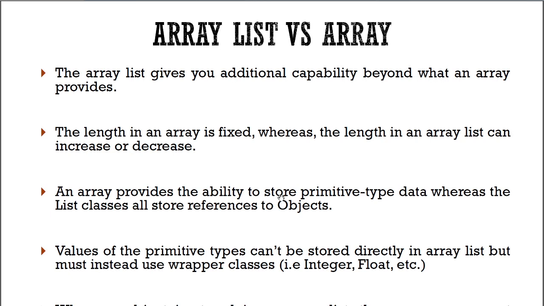Later when you implement, you cannot add an integer into the array list data structure. You have to cast, you have to convert. Cast is to convert the integer from the primitive type into an Integer object. There is an example for that, don't worry. Values of the primitive type can't be stored directly in an array list, but must instead use a wrapper. This is the wrapper casting. Later on, you can see the sample of codes.